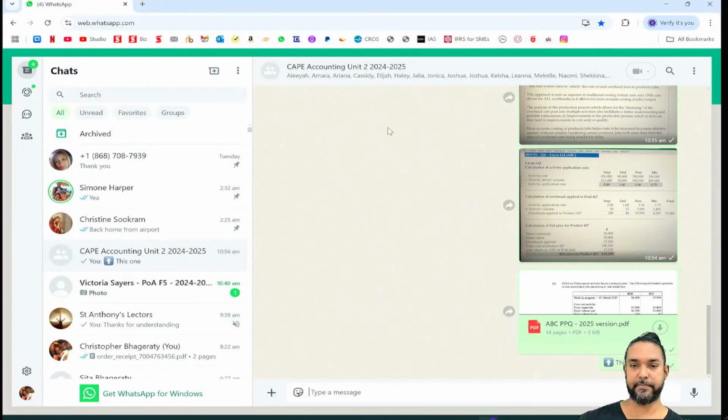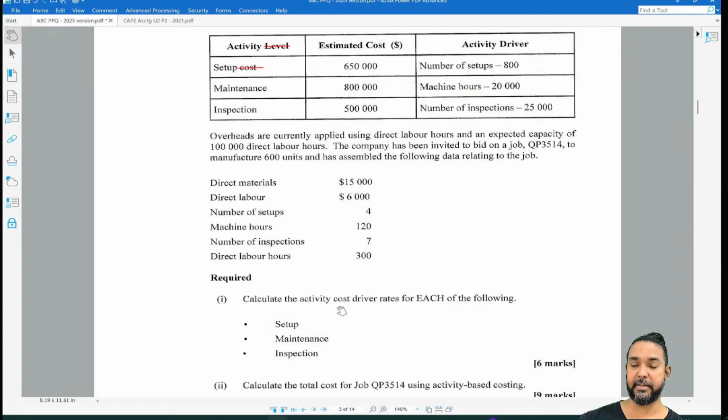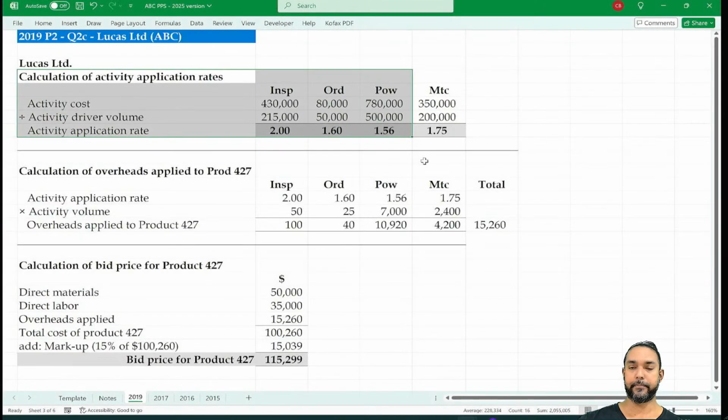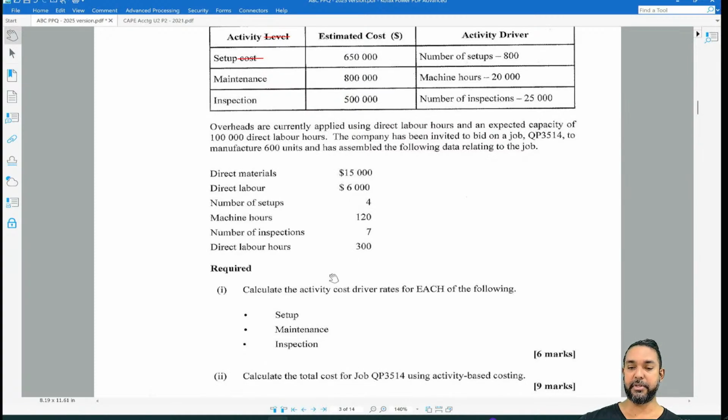That's actually the first thing they ask for here: calculate the activity rates for each of the following: setup, maintenance, inspection. And as we know, it's just these costs divided by the respective volume of the cost driver. And then they wanted to calculate total job cost, right? So after you calculate your rates, it's going to be materials plus labor plus the overheads applied.